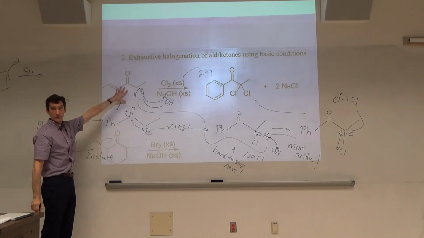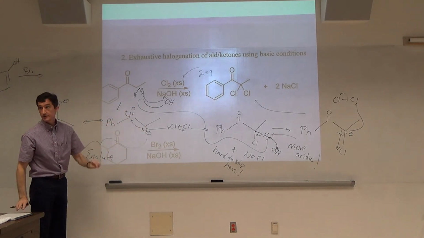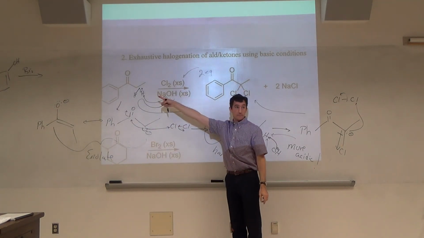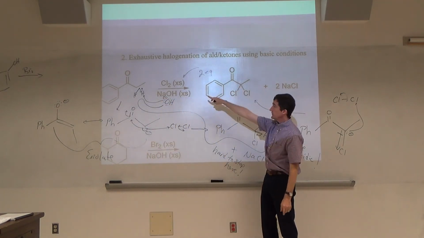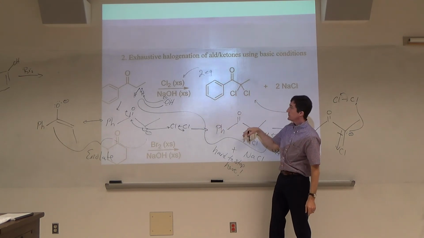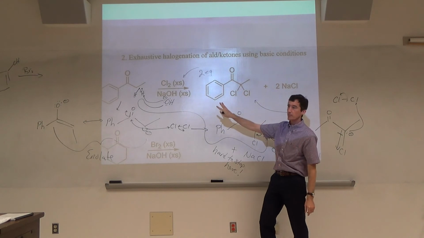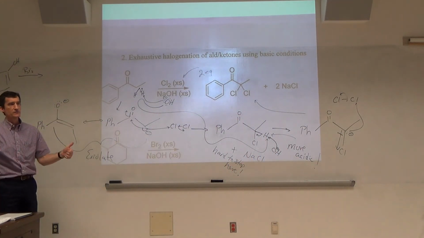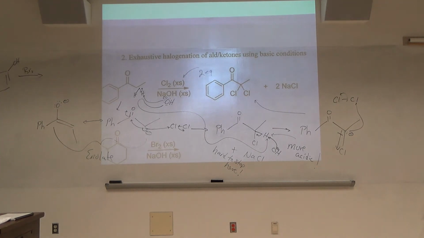It will stop deprotonating that one and start deprotonating the more acidic one, and you'll put 2 on while that guy has none on. And if you only use one equivalent of chlorine, you'll end up with a mixture here. You have to drive it all the way because of that problem, exhaustively. Under basic conditions, you put as many halogens on as you can at the alpha position by deprotonating and then halogenating. Under acidic conditions, you can put 1 on, like we did previously.